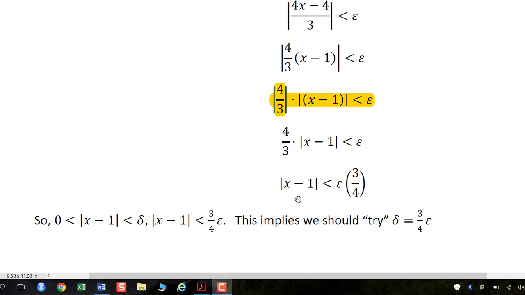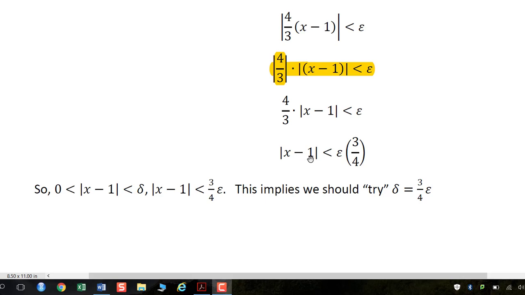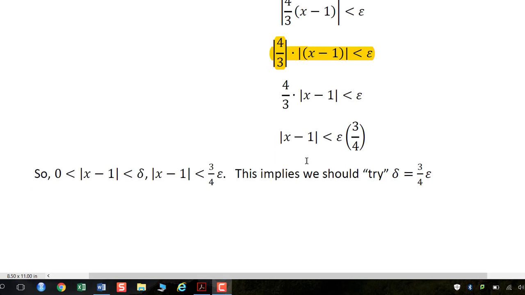I multiply both sides by 3 over 4, and that simplifies to the absolute value of x minus 1 less than epsilon times 3 over 4. Now remember, we have been working to get to the delta part, which is the absolute value of x minus 1. So, the absolute value of x minus a has to be between 0 and delta. And we're going to compare that to this situation of x minus 1 less than epsilon times 3 over 4.